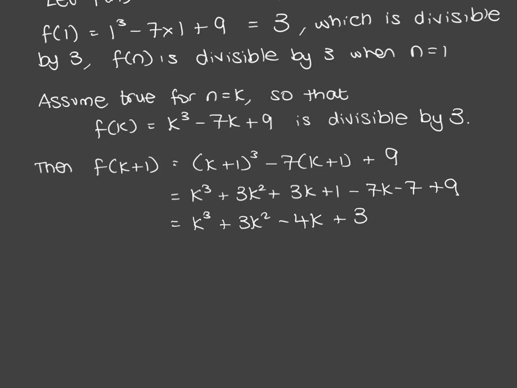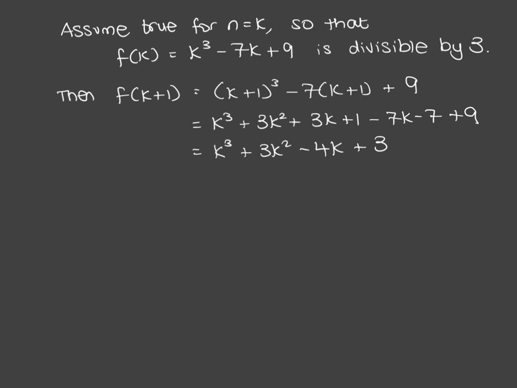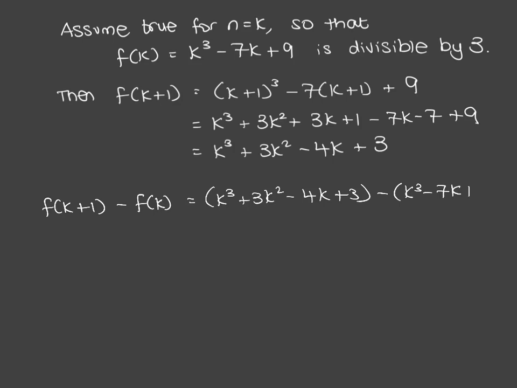So my next step then was to say, well, what happens if I subtract these? So if I do f of k plus 1 and I take away f of k, I'm going to get k cubed plus 3k squared minus 4k plus 3, take away k cubed minus 7k plus 9.